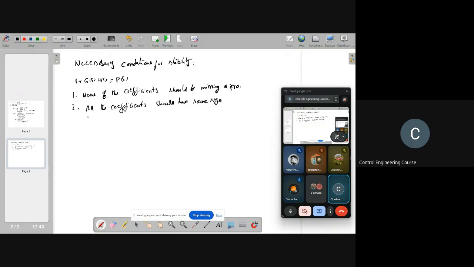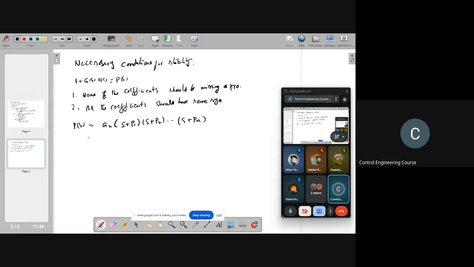Okay. Let's say, for example, P(s), the characteristic equation, is in factored form, of the form a_n into (s plus p1)(s plus p2) etc. (s plus pn). This is a factored form of the characteristic polynomial.